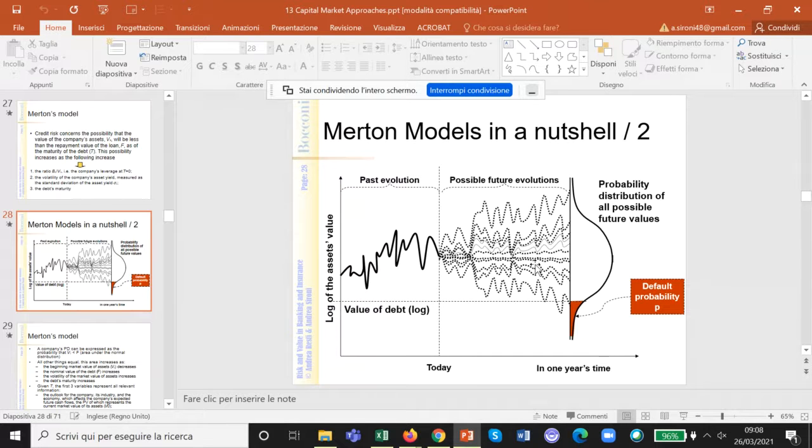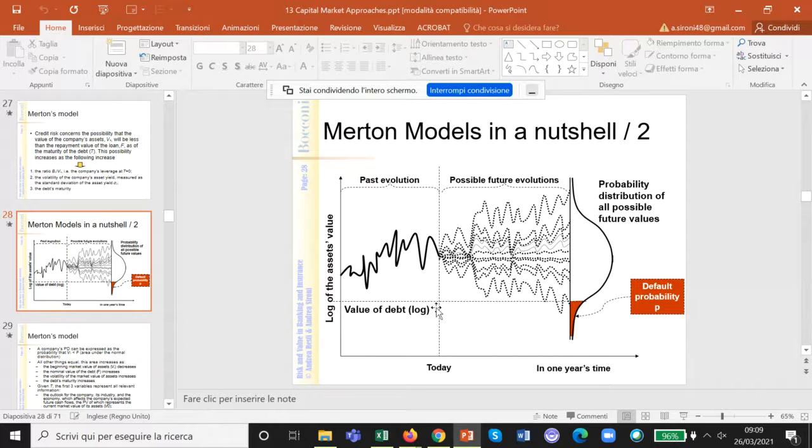Now, if you think about it, what does the probability of default depend on? First of all, it depends on financial risk, i.e. leverage. How much debt we have with respect to the value of the assets, okay?